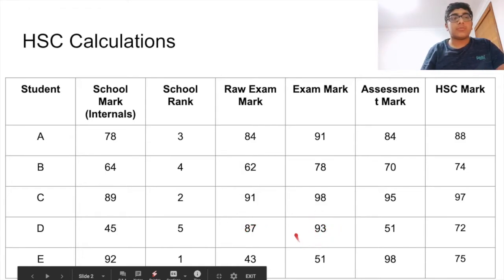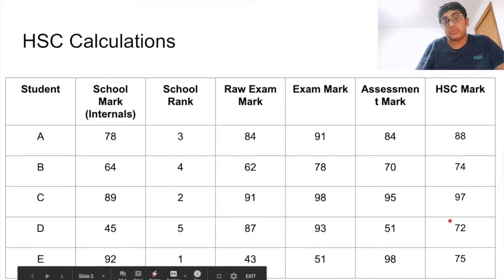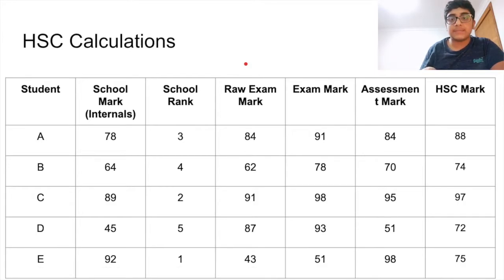His raw mark was 87 and he got aligned to 93. Even though he did really badly in his internals, his average was pretty good, 72. The reason why this whole ranking system happens is that every school has different difficulties of examinations, right?